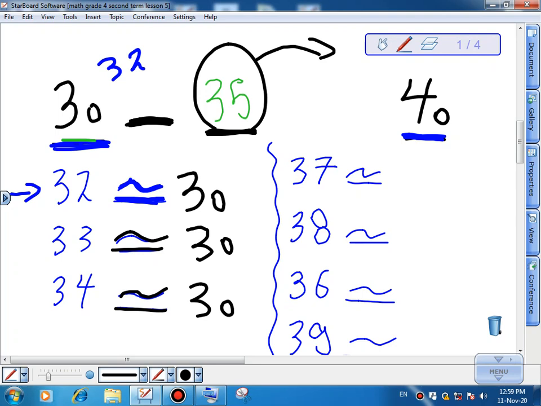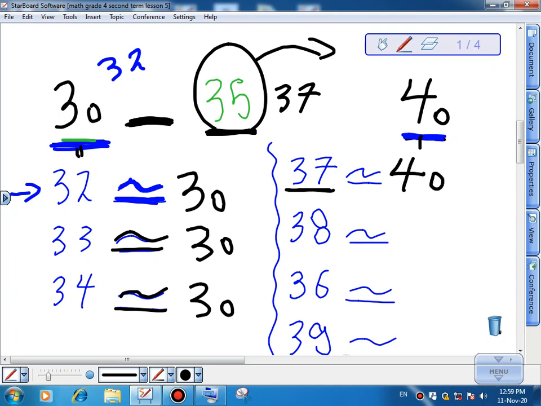And if we take the number 36, 36 is nearer to 40 than 30. So it will be 40. If we take the number 37, 37 is nearer to 40 than 30. So the approximation will be 40.